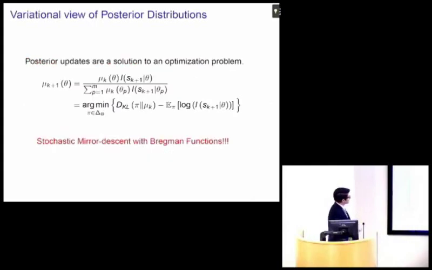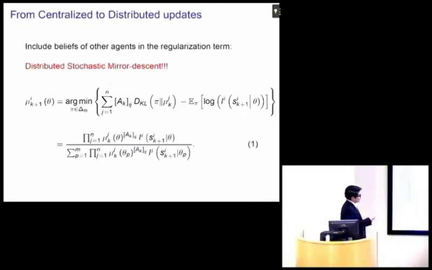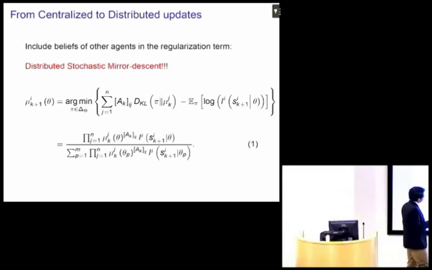In the centralized version, we want to find a probability distribution that is closest to my prior, but takes into account my measurements. But now that we are in a network, we want to find a probability distribution that is on average closest to the priors of my neighbors and myself, and takes into account my observation.